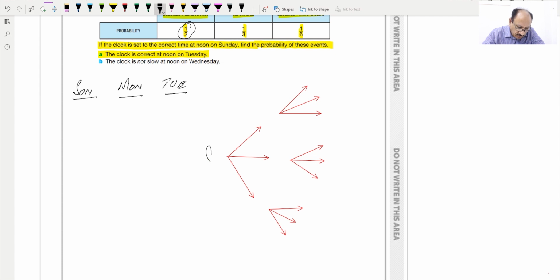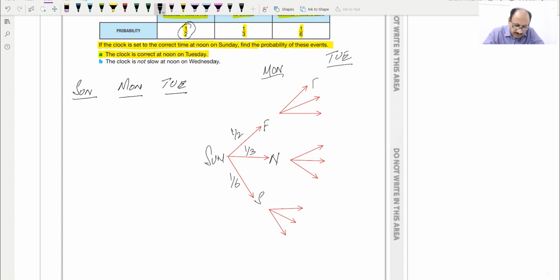This is on Sunday, and on Monday this will be the situation, and Tuesday will be this situation. It can be fast, it can be no change. No change I'm writing N, and slow I'm writing S. So the probability will be 1/2, no change is 1/3, and slow is 1/6.